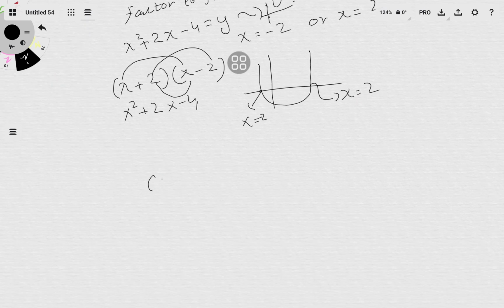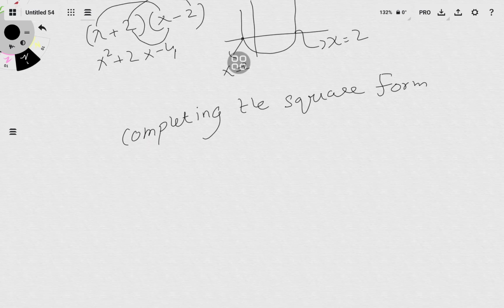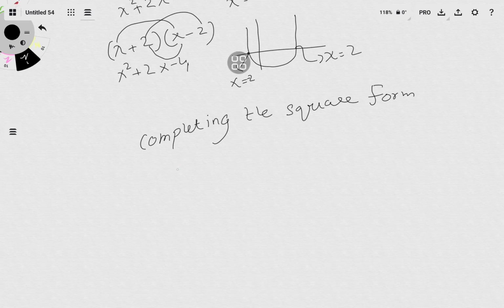Next we have completing the square. In completing the square, let's say we have x square, not to make it difficult because this is a basic coverage, 6x plus 12.